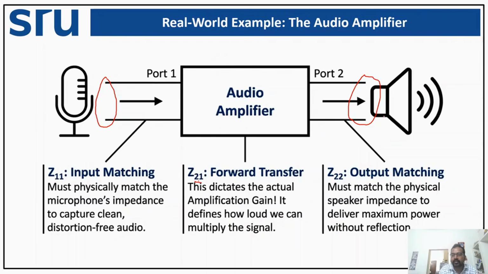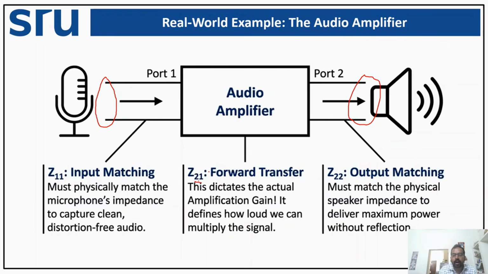And at the output port, if the output impedance, that is Z22, matches the impedance of the speaker, then we will be able to deliver maximum power without any reflection. Whereas Z21 is the forward transfer impedance, because it indicates the actual amplification gain.